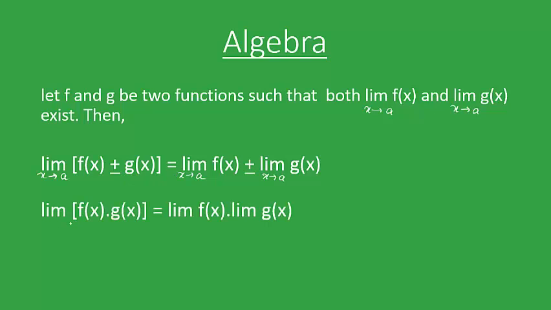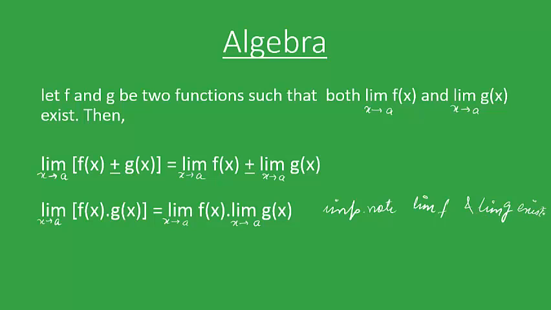The second point says that the limit of f into g as x tends to a is equal to the limit of f(x) as x tends to a times the limit of g(x) as x tends to a. Here there's an important point to note: this holds when the limit of f(x) and the limit of g(x) as x tends to a exist.